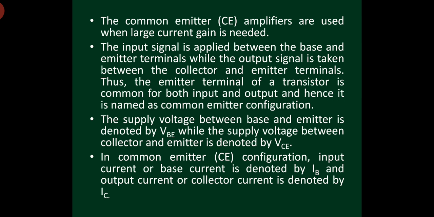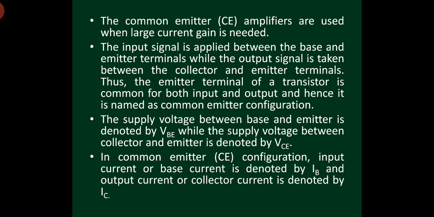The input signal is applied between the base and emitter terminals, while the output is taken between the collector and emitter terminals. Thus, the emitter terminal of the transistor is common for both input and output, and hence it is named common emitter configuration, right?